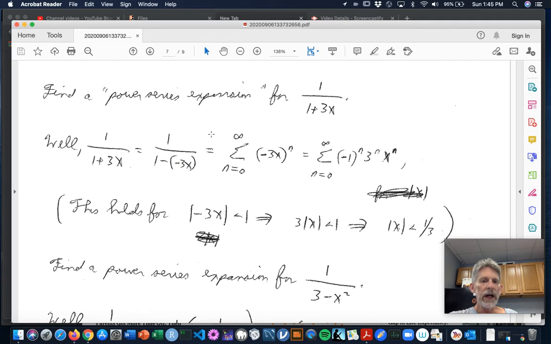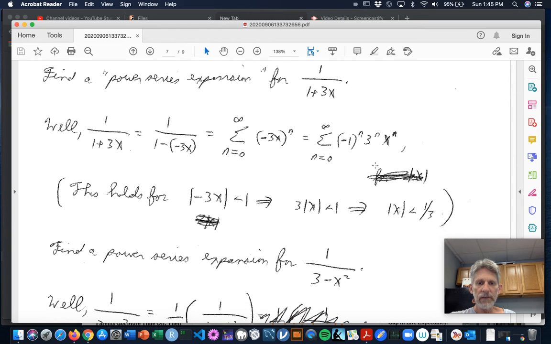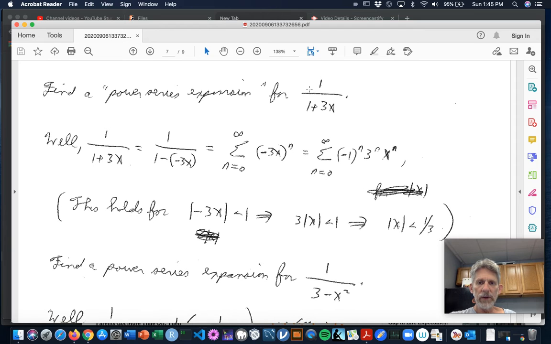But that can be thought of as constant over 1 minus a ratio in a geometric series, where the constant is a 1 and the ratio is the minus 3x. And if I multiply this out a little bit, I could write that as the sum of minus 1 to the n, 3 to the n times x to the n. And so, wow, we've got this as a power series.